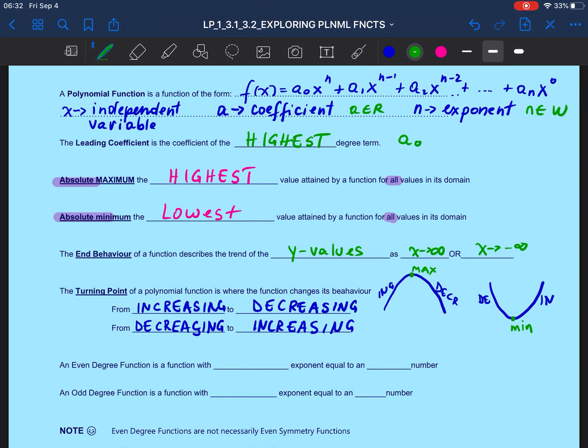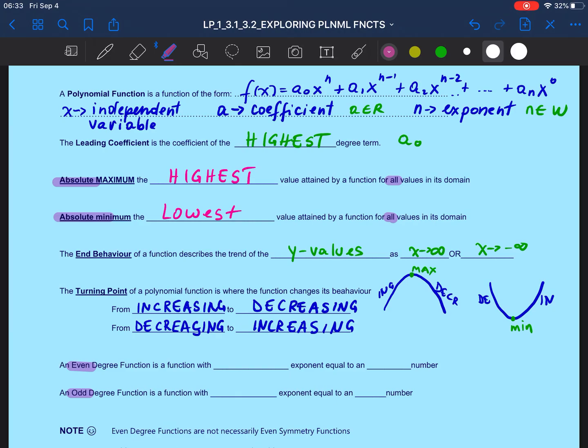Another very important feature we look at when we analyze polynomial functions is even and odd degree functions. The reason why we do this is because even degree functions will behave similarly and odd degree functions will behave similarly within their respective groups.